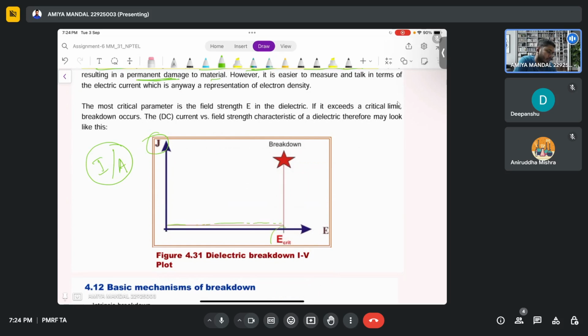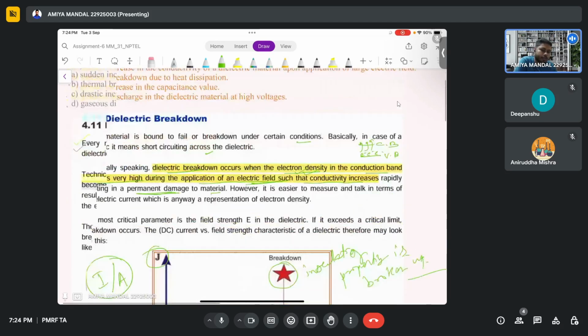At a certain point, that is E critical, at a certain electric field, the material breaks down and its insulating property is broken. This is the limit of electric field where our dielectric breaks down.